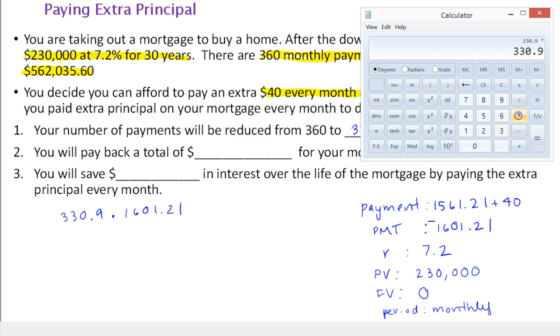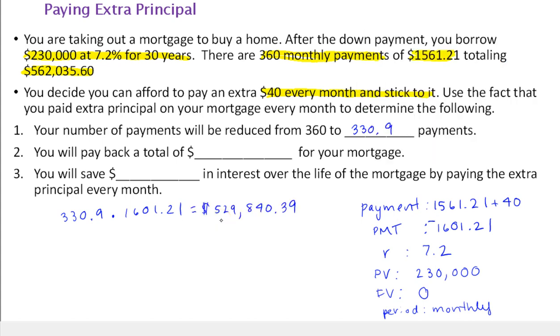And that will tell us the total amount you paid back. $529,840.39. So you will pay back a total of $529,840.39 for your mortgage. Okay.